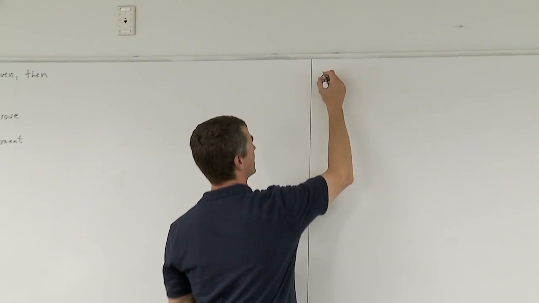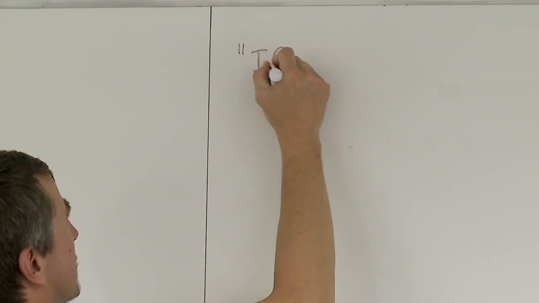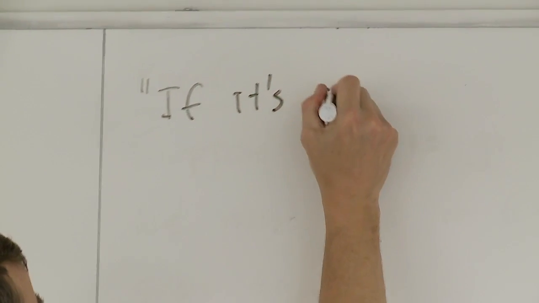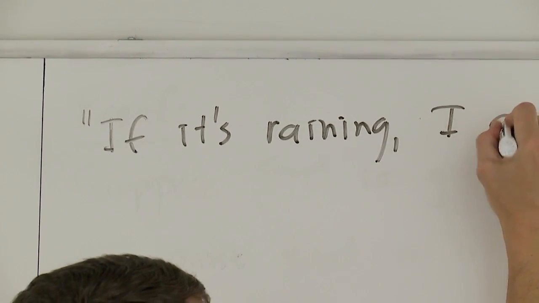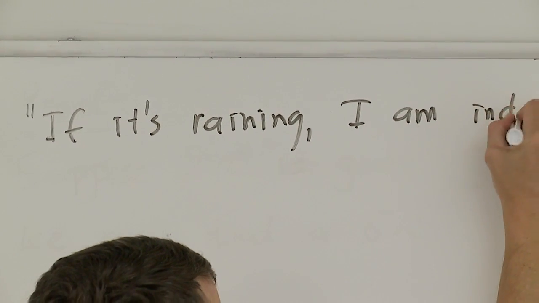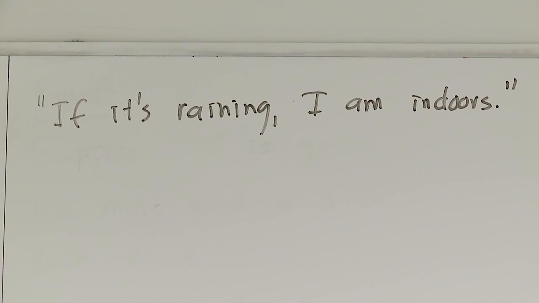Suppose that my policy in life, and this is not my policy in life, is: if it's raining, I am indoors, so I'm staying inside. Suppose that's the rule. So anytime that it's raining, I stay indoors.